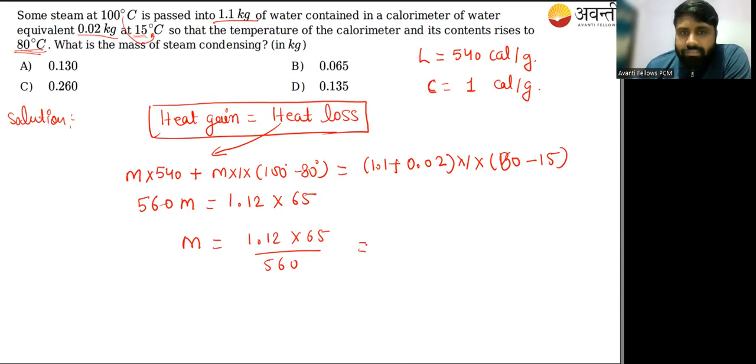If you cancel and sum all this, you will get 0.130 kg if you convert it. So this will be the correct option, because this is also in kilogram, that is why.